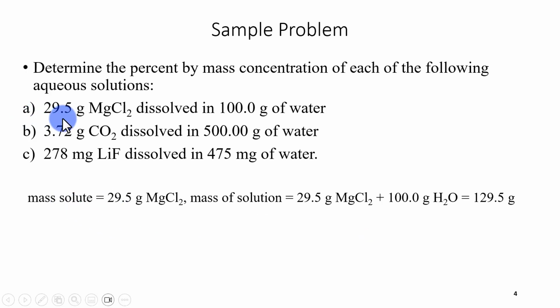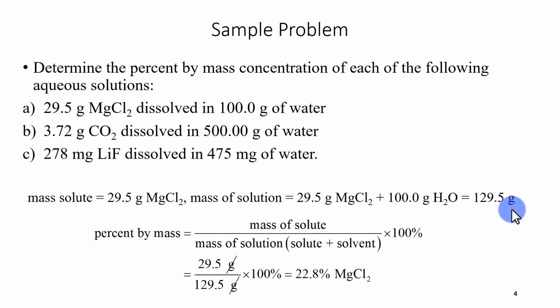If I'm just going to do the first one for you, here's my mass of solute. That's what I'm determining first, what I know. My mass of solute is given as 29.5 grams. The mass of solution, however, is not given to me, but I can calculate it because I know the mass of my solute and I know the mass of my solvent. So if I add those two together, I will get the mass of the solution, and that is 129.5 grams.